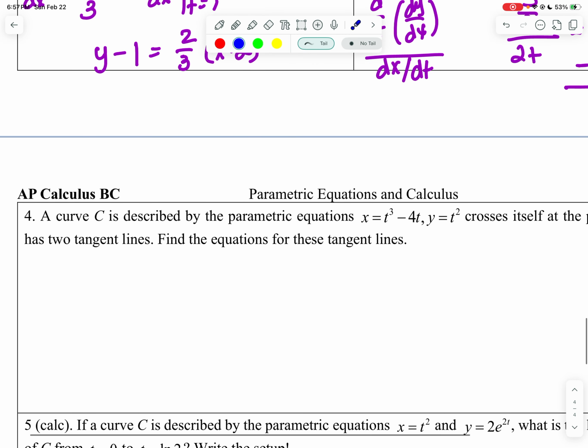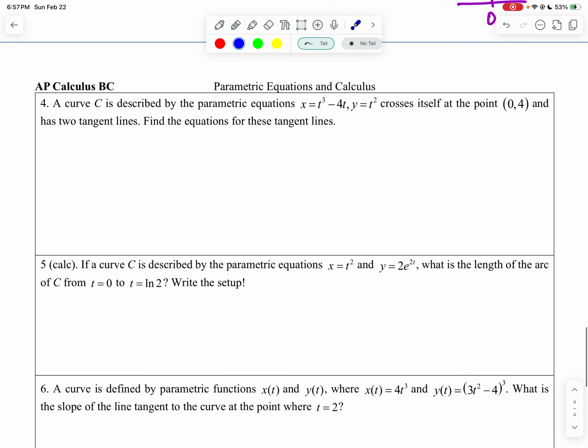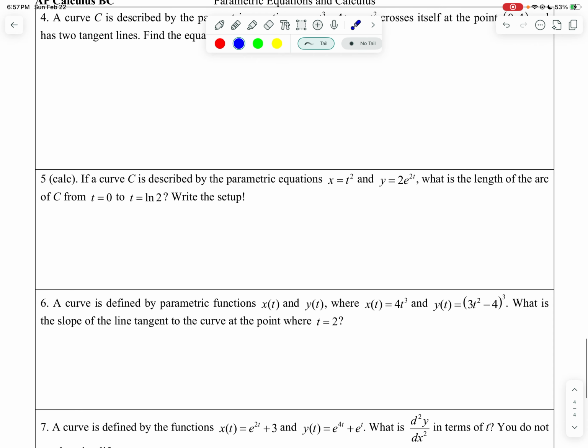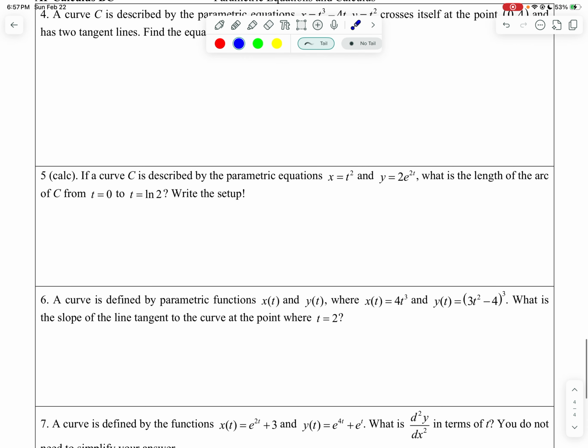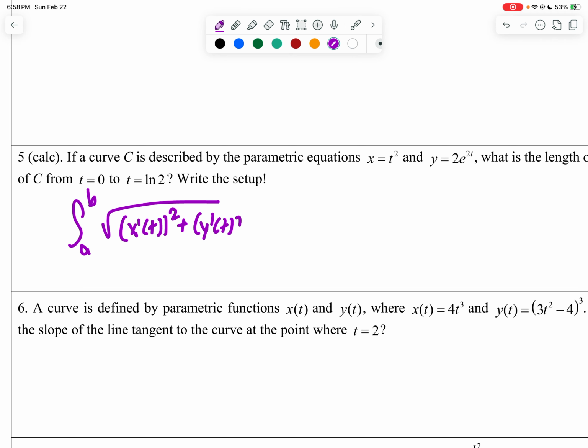All right. I'm not going to do number 4, but I am going to do number 5. But I'm only showing the stuff for number 5 just because you could put this into the calculator. So it's asking us what's the length of the arc from t is equal to 0 to t is equal to ln of 2. Remember that the length is going to be the integral from a to b of the square root of x prime of t squared plus y prime of t squared dt.